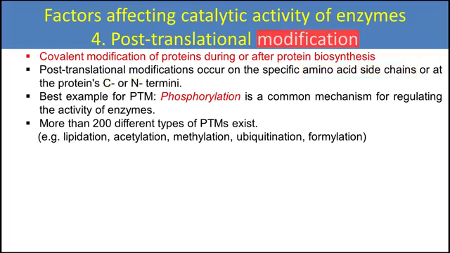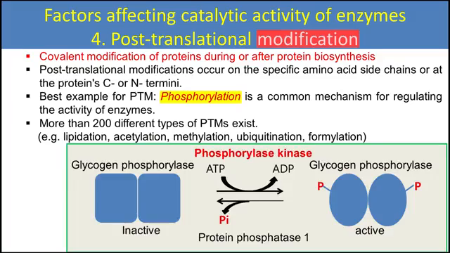So the best well-known example is phosphorylation. When an enzyme is phosphorylated, then enzyme function can be regulated. So this is a Nobel Prize topic diagram. There is an enzyme, glycogen phosphorylase. When this enzyme has a phosphate attached, through that phosphate covalent attachment, covalent modification, then this enzyme activity can be fully manifested in an active state.